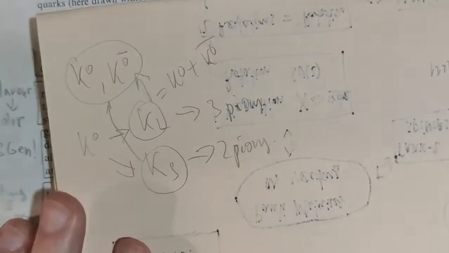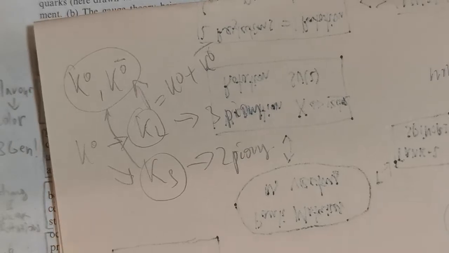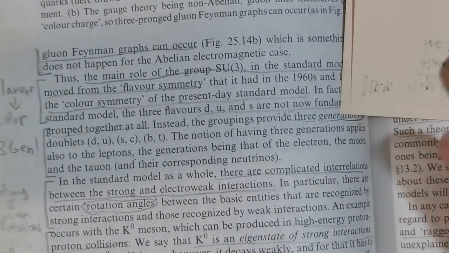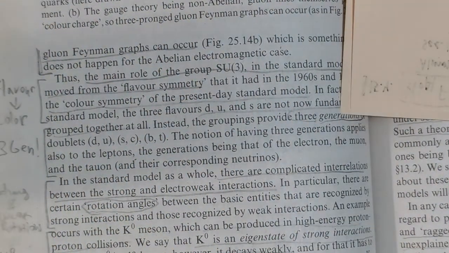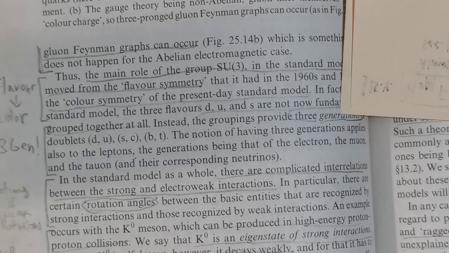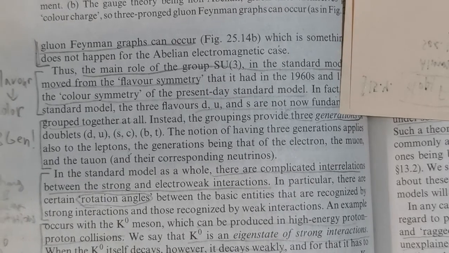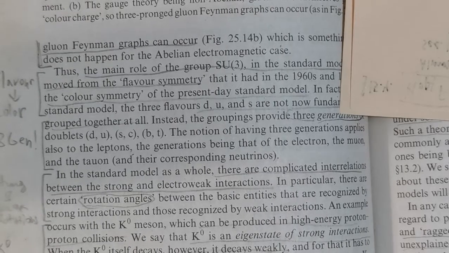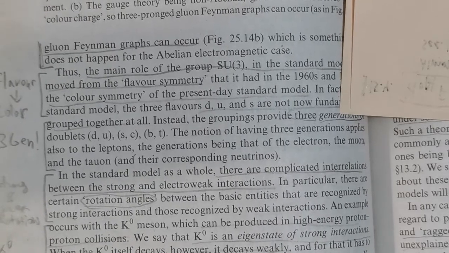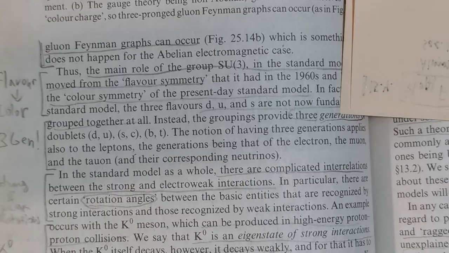He says each of KL and KS is a linear combination of K0 and its antiparticle, into which K0 can flip by means of weak but not strong interaction. So K0 can flip into KL or KS using weak interaction.